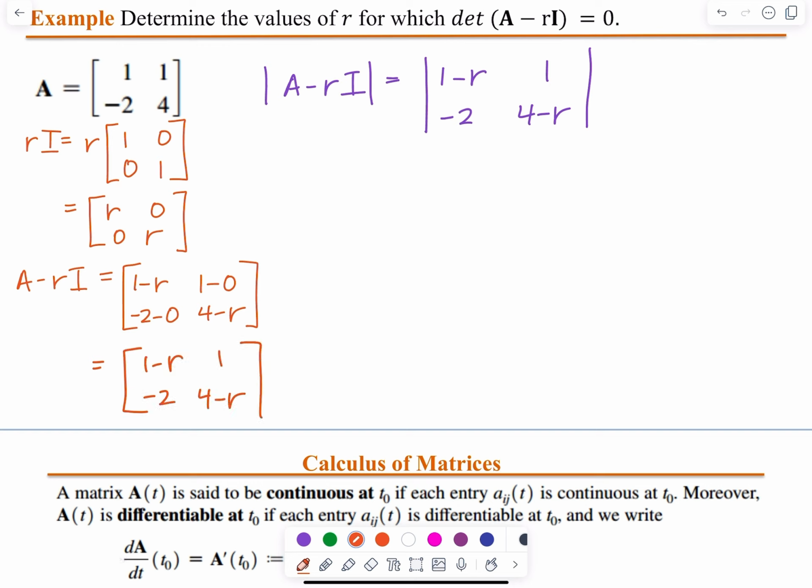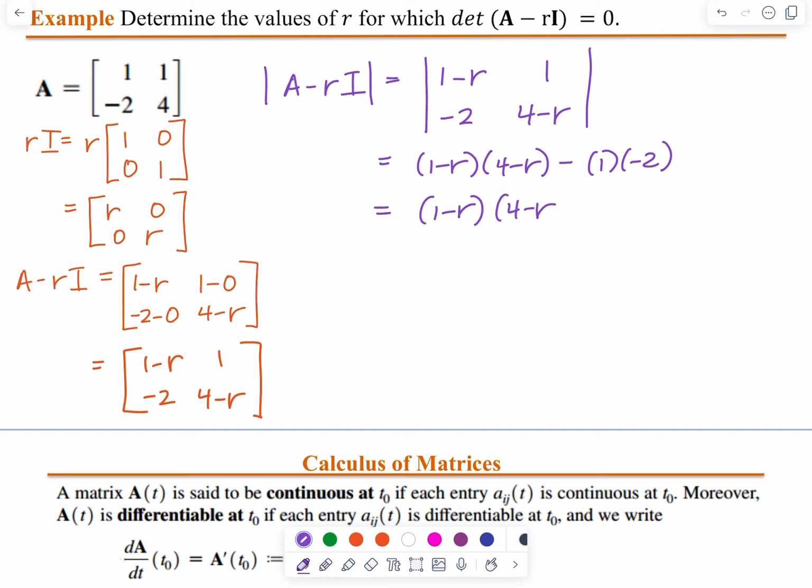Okay, so that's a matrix, but this is a determinant. So let's continue on. Here we will have (1 minus r) multiplied by (4 minus r) minus 1 multiplied by negative 2. And we have (1 minus r) multiplied by (4 minus r) plus 2.